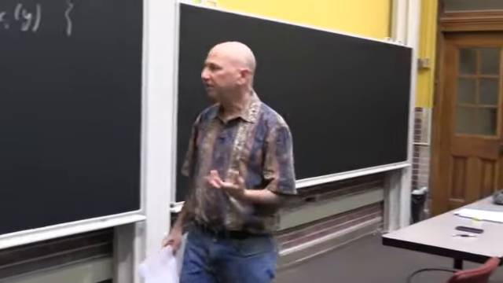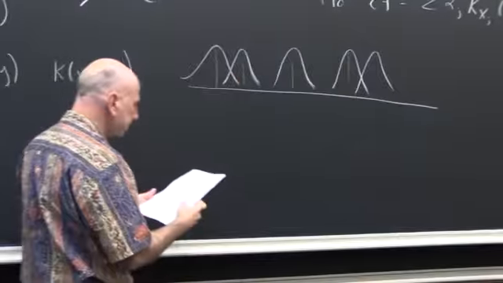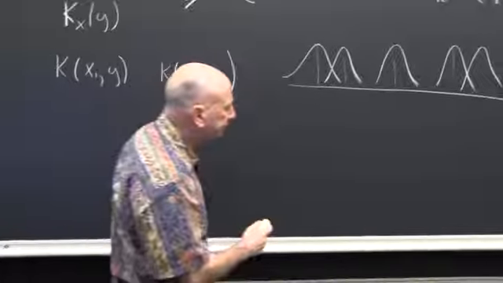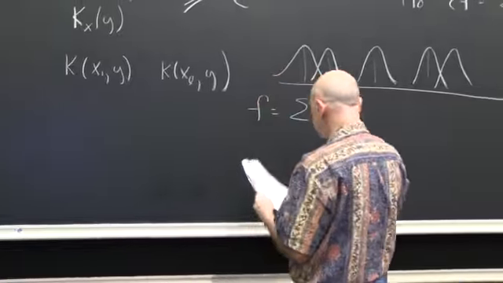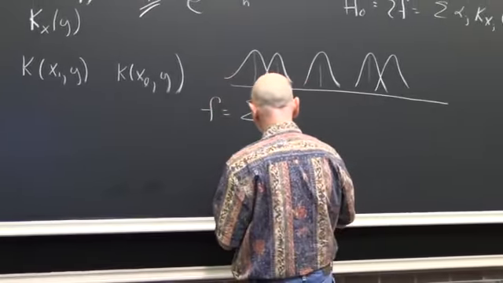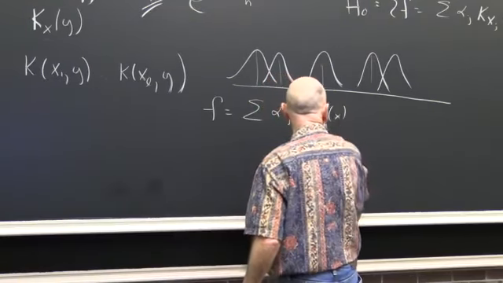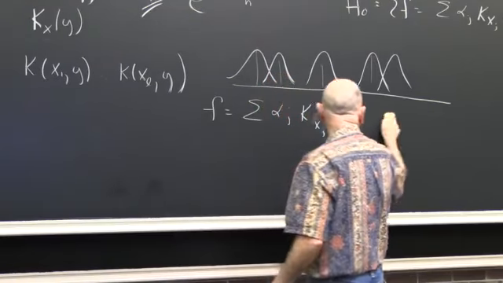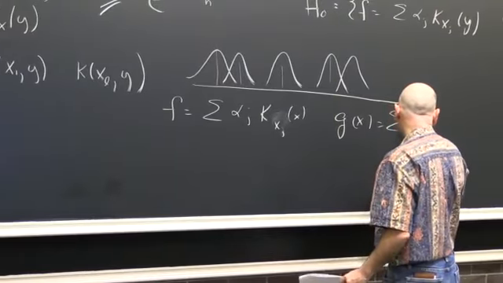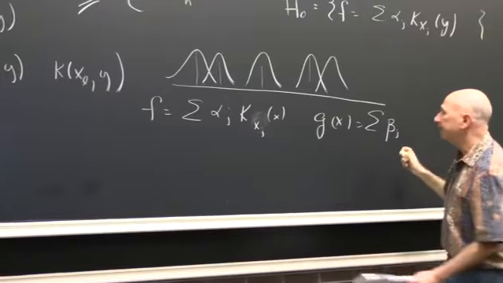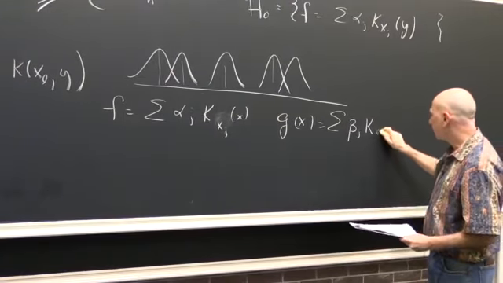But we need to define an inner product and a norm, and it's going to work like this. If f can be written as some linear combination, by definition, any function in this space can be written as some linear combination like this. And if I take some g, which can be written as a different linear combination, possibly even a different number of basis functions, and possibly at different locations, let's say y_j.